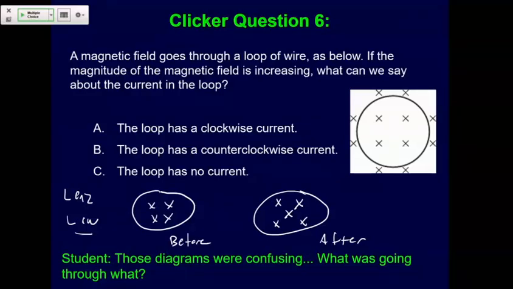This goes along with what we were saying before. The way Lenz's law works is nature wants to create a current that's going to make a magnetic field that tries to get the flux through your loop back to where it was before. This is really tricky when you're first seeing it. What nature wants to do is take the after and make it look like the before.